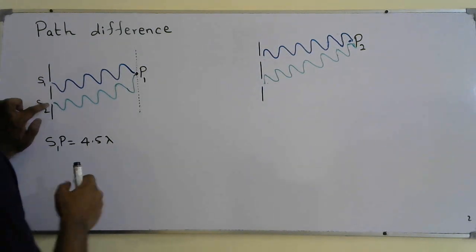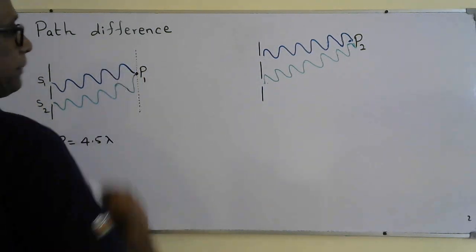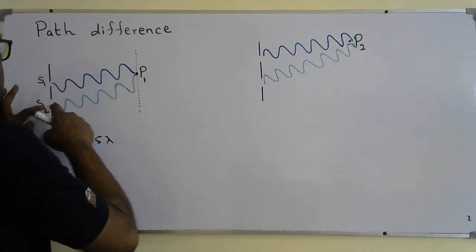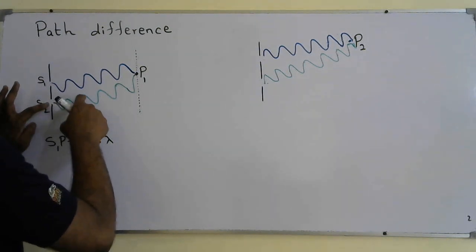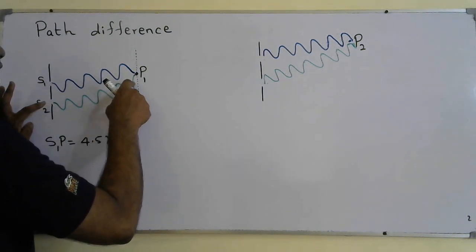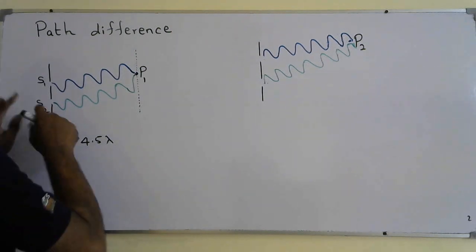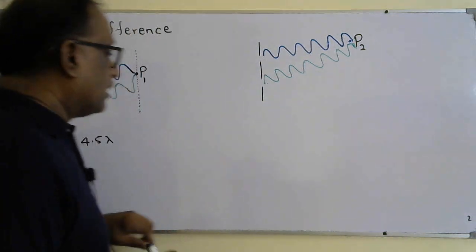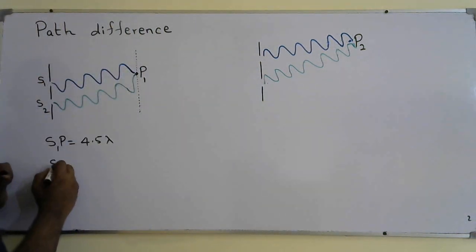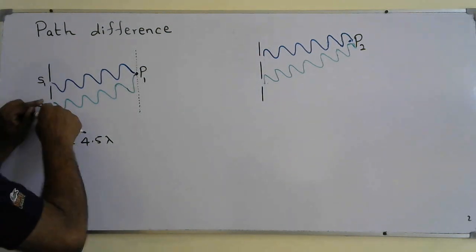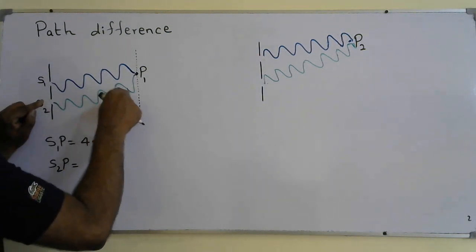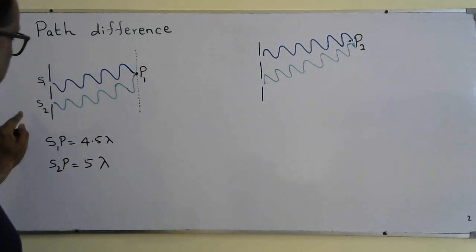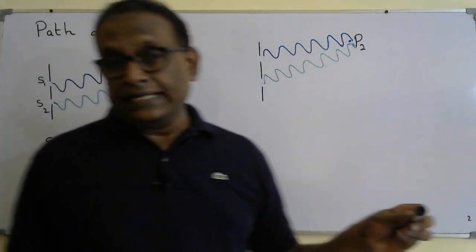Same way, the distance from S2 to P, since we are considering the superposition at point P in space: that is 1, 2, 3, 4, 5 lambda. I couldn't draw it nicely. There are good animations on the internet, but I tried to draw it. So I can give the distances S1P and S2P in terms of wavelength.